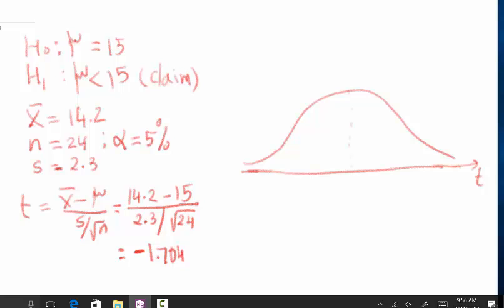Okay, this is the mean right here. What is this value? This is 0 in the middle. Negative 1.704, let me put it on the number line, negative 1.704. Now let me show you what the p-value is. I'm going to draw a line here. I'm going to shade the area to the left of this test statistic.